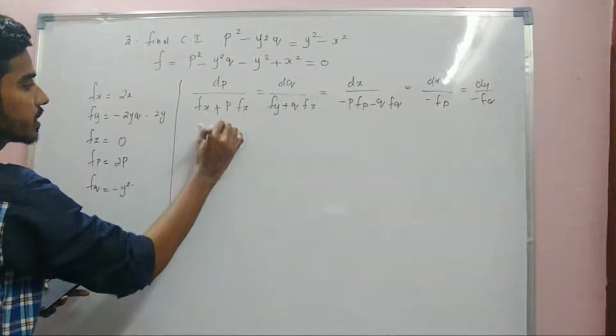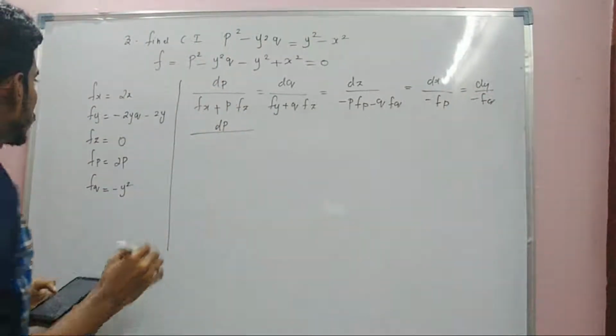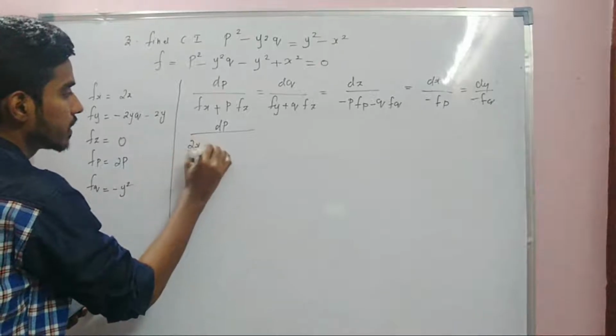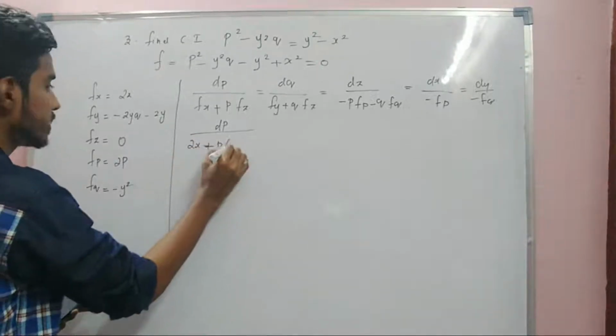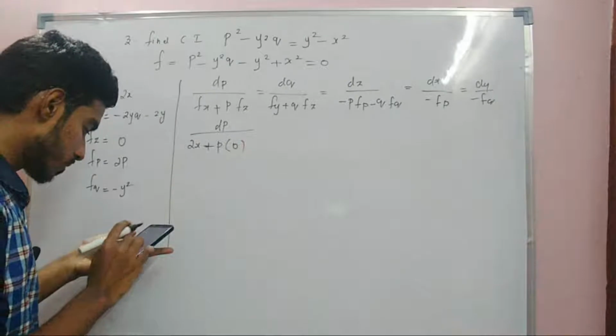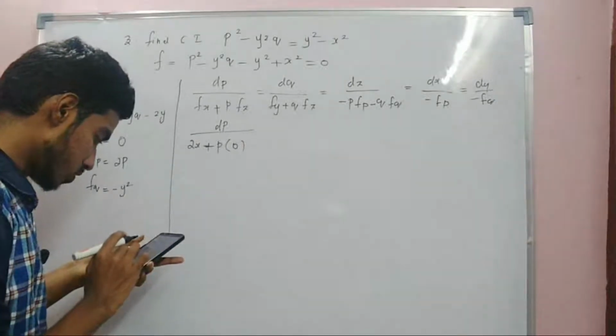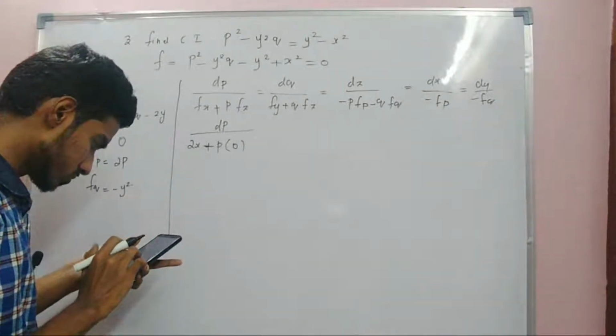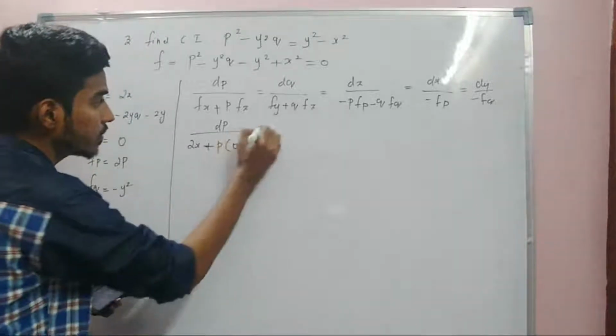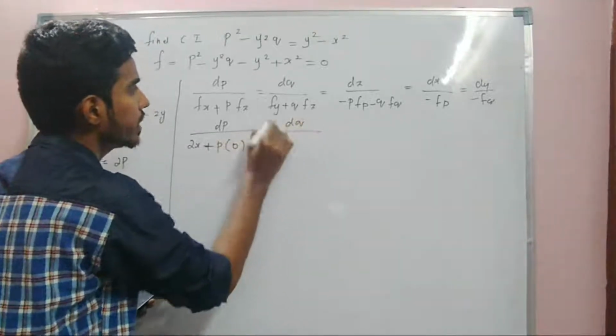So here you will have dp divided by fx, which is 2x, plus p into fz. So fz is 0, right? Now here we will have dq divided by fy.